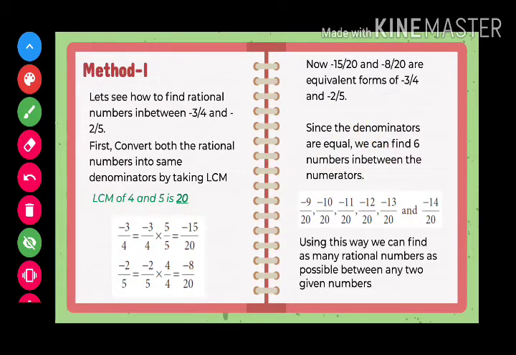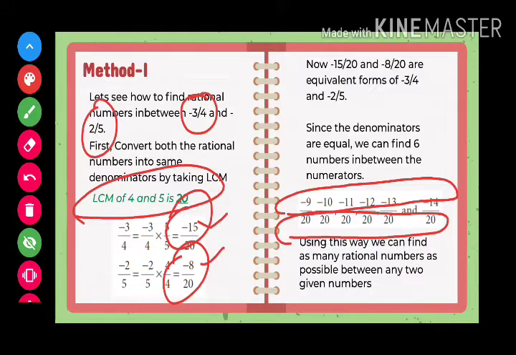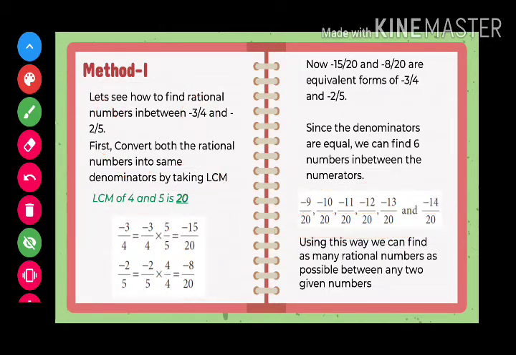First we should convert both the rational numbers into equivalent rational numbers having the same denominator. Then we have to look into the numerator part. We have to write the numerators which are in between both the numerators. Then we divide all the numerators by the same denominator, which is the LCM of the denominators from the question. Using this way we can find as many rational numbers as possible between any two given numbers. Okay, so let's get into the next part.